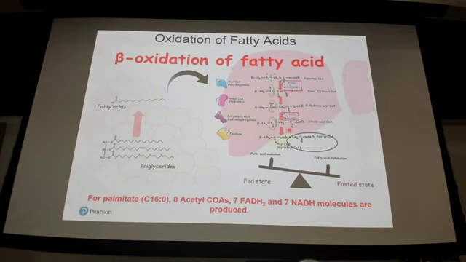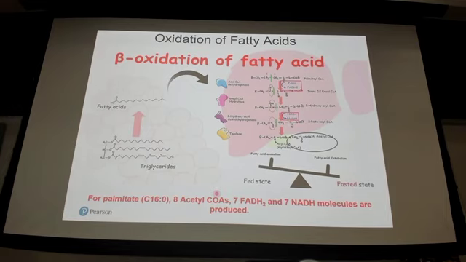So if you have a 16-carbon fatty acid, palmitate, this reaction will occur 7 times to produce 8 acetyl-CoA. As you can see here, in this 4-step process, you produce 1 FADH2 and 1 NADH.